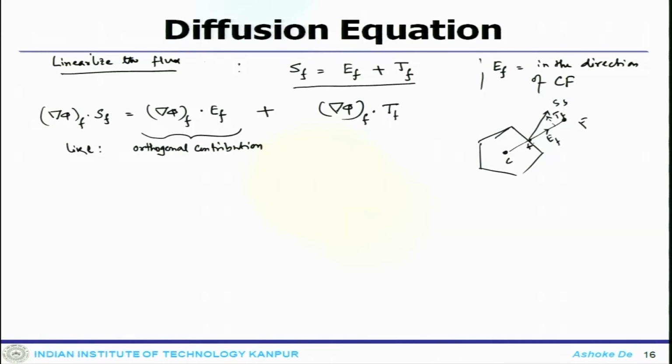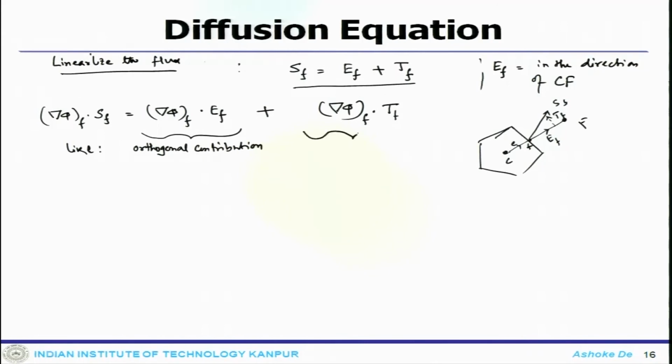That is how the components are decomposed. Along the line connecting center C and center F, this will look like an orthogonal contribution.